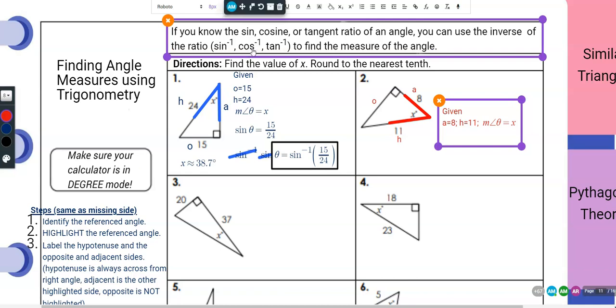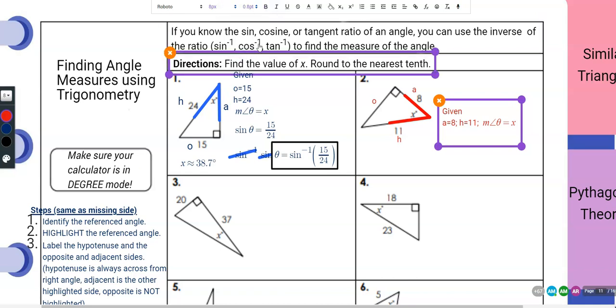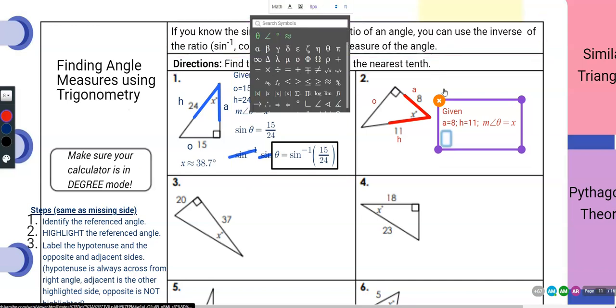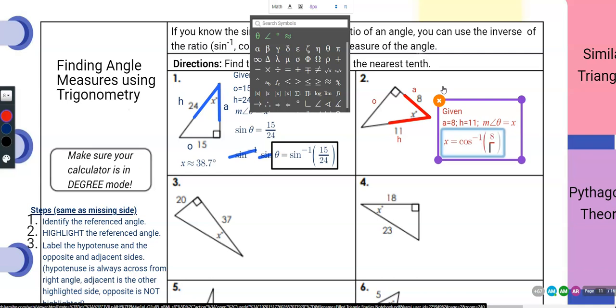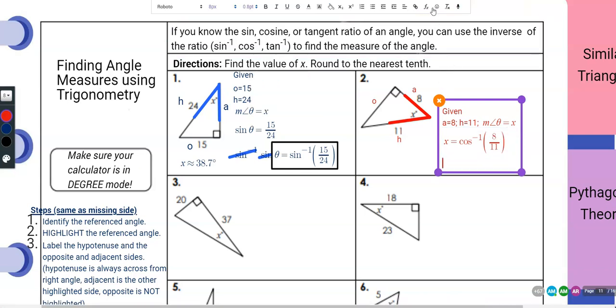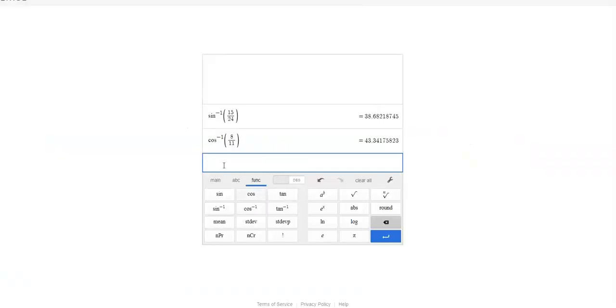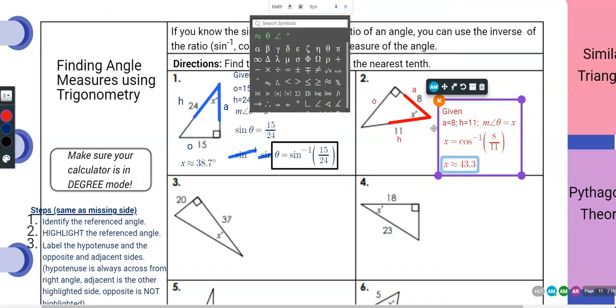Since we're looking for the angle, we are going to use inverse cosine. So x will be equal to the inverse cosine of adjacent over hypotenuse, which is 8 over 11. And from there, we can make an approximation of x, 43.3. Make sure you include the units.